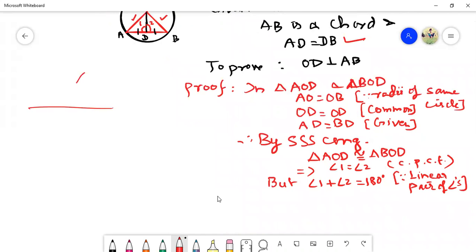This is a straight line, and a line coming here. These two angles' sum will always be equal to 180 degrees. So they are called linear pair of angles. Instead of angle 1 we can put angle 2. So angle 2 plus angle 2, that is 2 times angle 2, is equal to 180 degree.